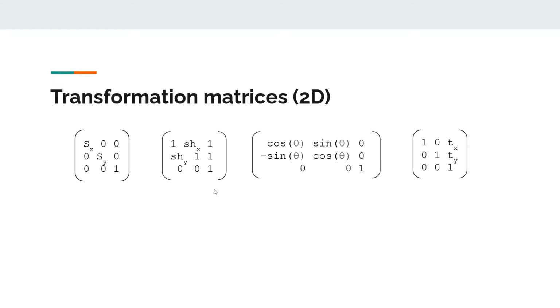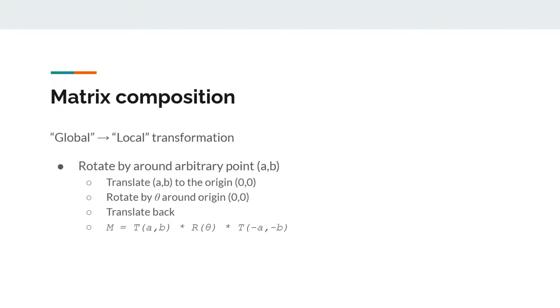Now we see there are samples of the transformation matrices. The first one is scale, then shear, then rotation around its own axis, around the z-axis. In 3D there are variations of the rotation matrix, and then of course the translation. And as I was saying, the final transformation depends on the order of the matrix multiplication.